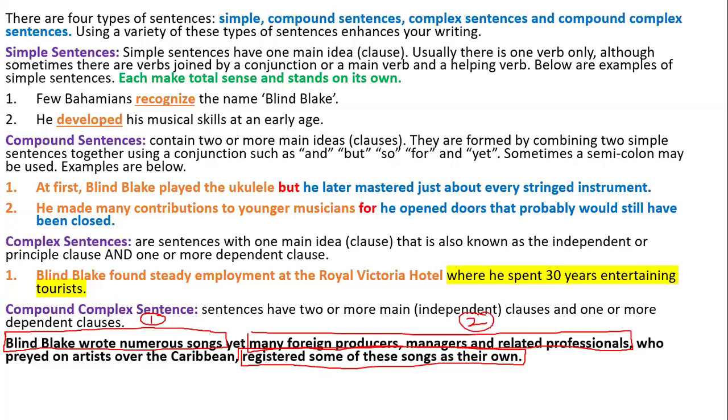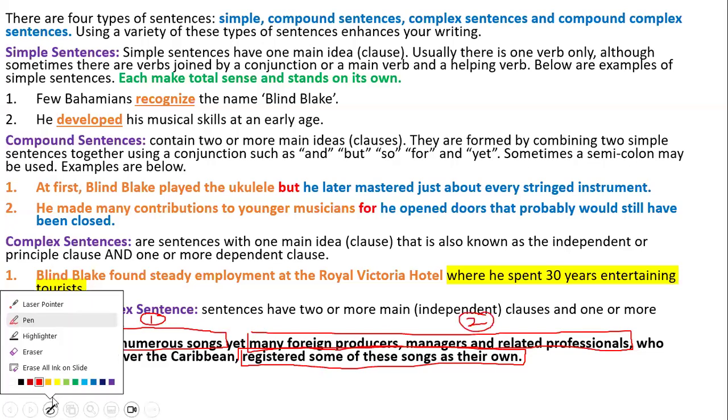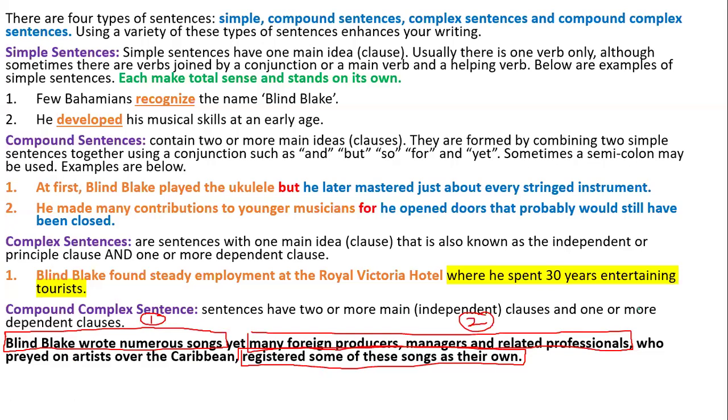Yes, that could stand on its own. And then, who preyed on artists over the Caribbean? Can that stand on its own? No, it cannot stand on its own. That's a dependent one.